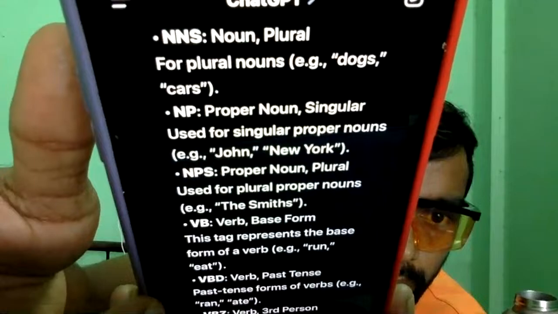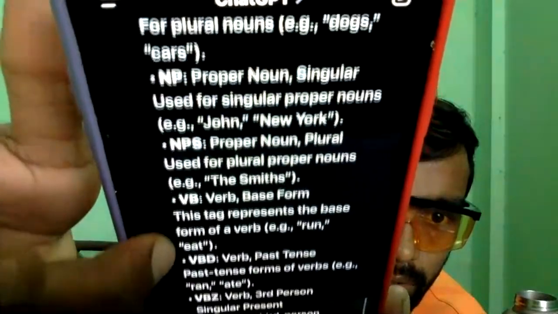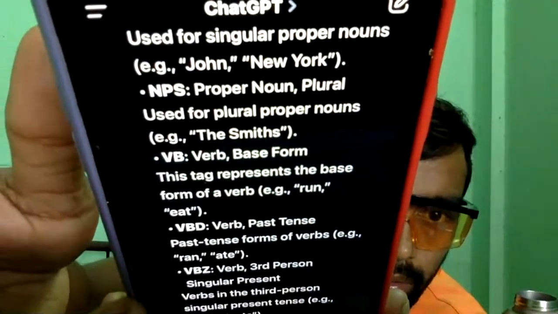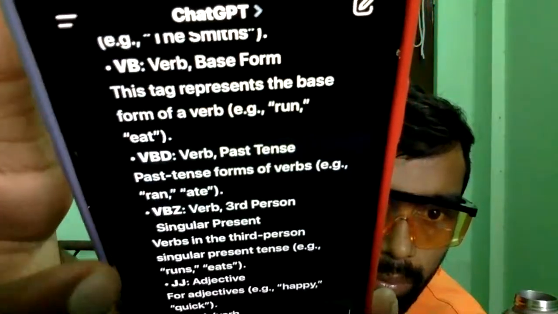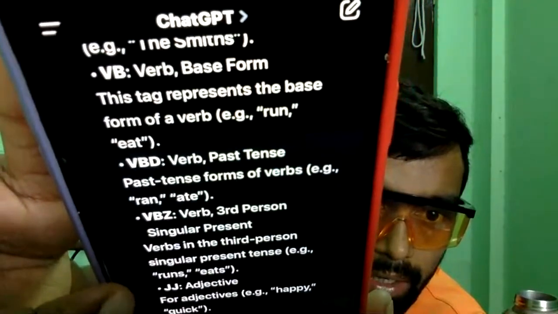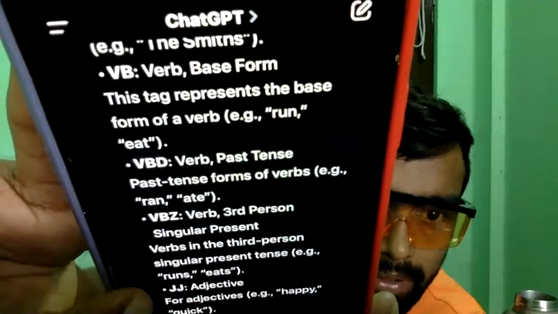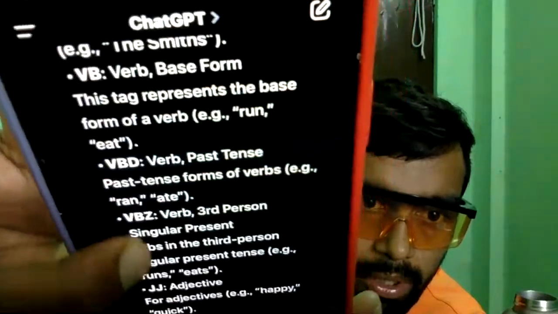NPS, proper noun plural, the Smiths. VB, base form of a verb, run, eat. VBD, verb, past tense, ran, ate. Past tense forms of the verbs.